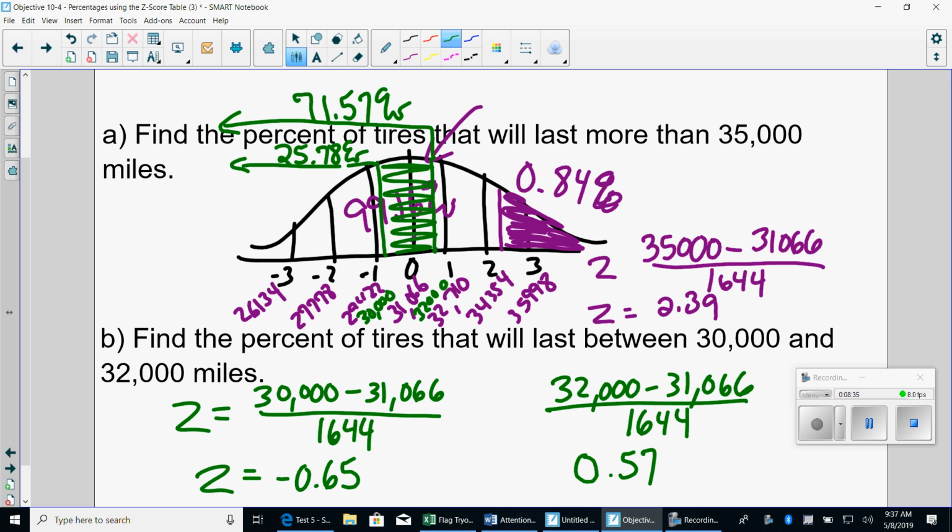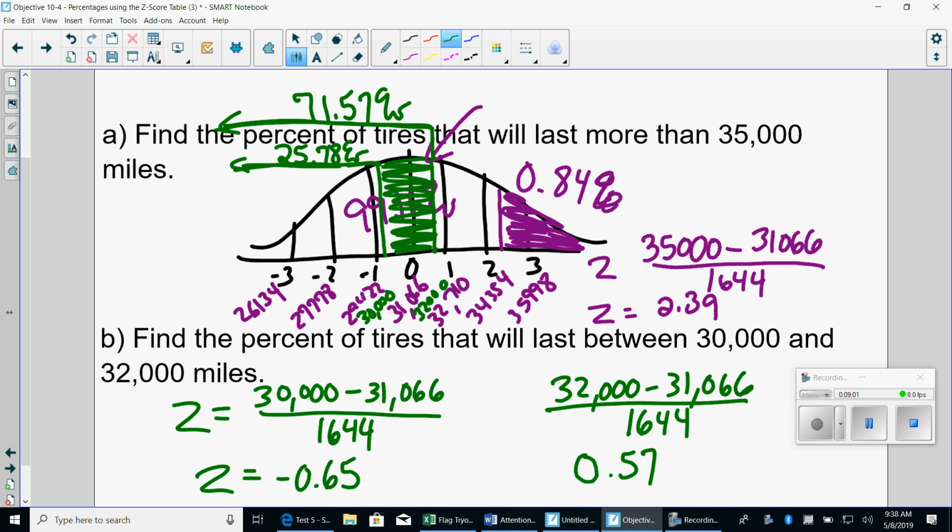So here's the whole thing from here over is 71.57%. From this piece over is 25.78%. So how can I figure out what the missing piece is? You find both percentages and you just subtract them. 45.79.